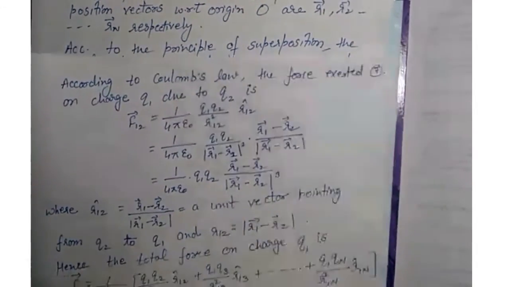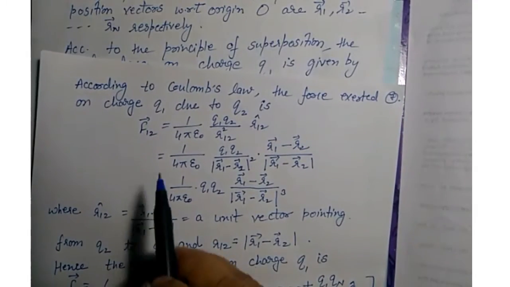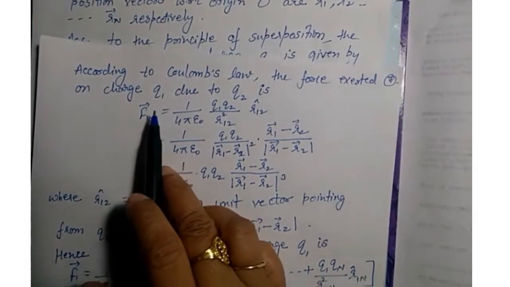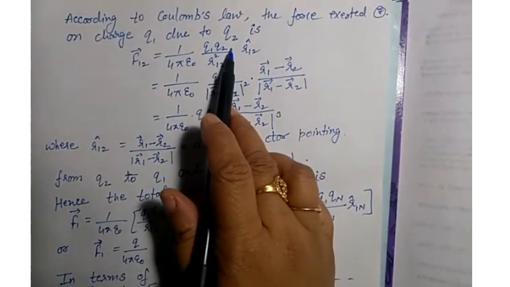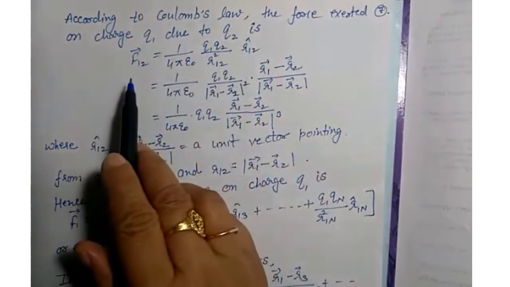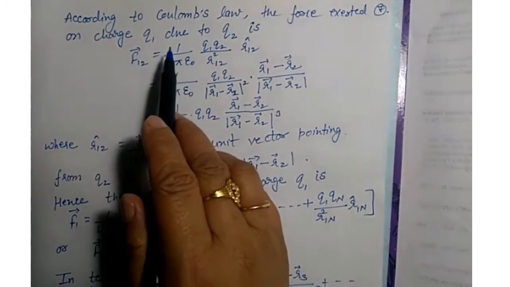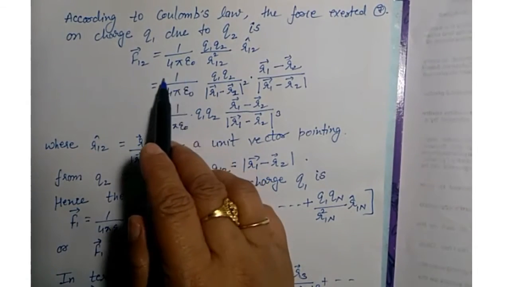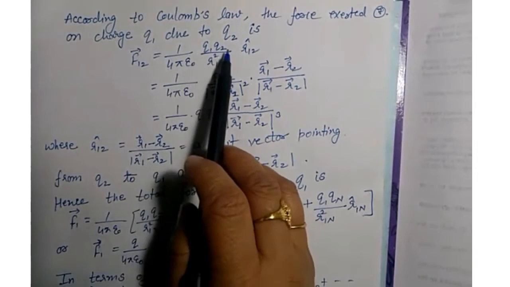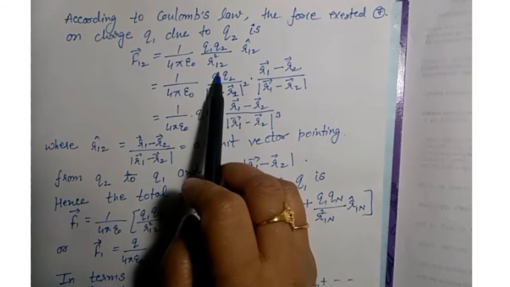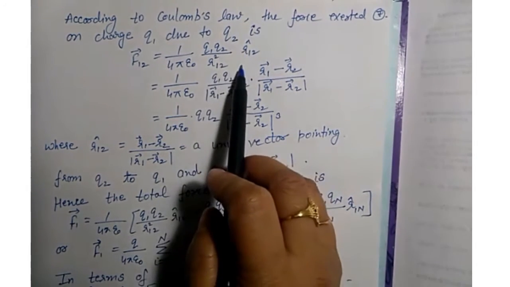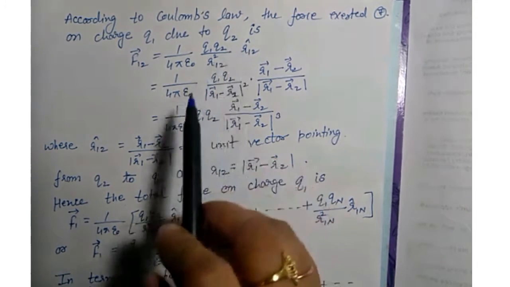Now, according to Coulomb's law, the force exerted on charge Q1 due to Q2, F12 vector, is equal to 1 upon 4 pi epsilon naught Q1 Q2 upon R12 square, R12 unit vector.